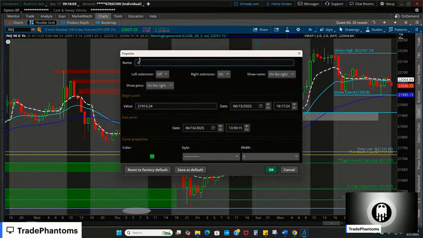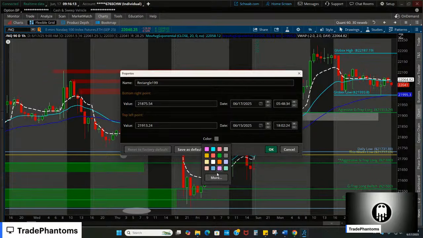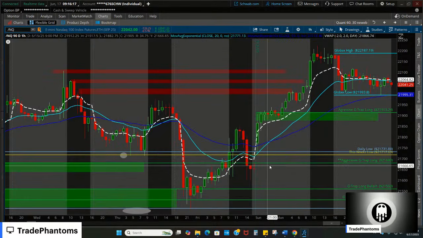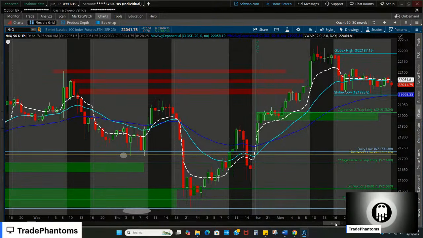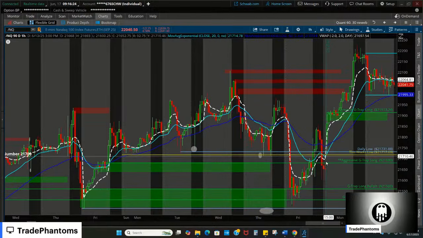Aggressive Globex trap long. All right, below there we have this gap fill, and again, these lines are still good. We tested it a couple times here, and we already broke it.